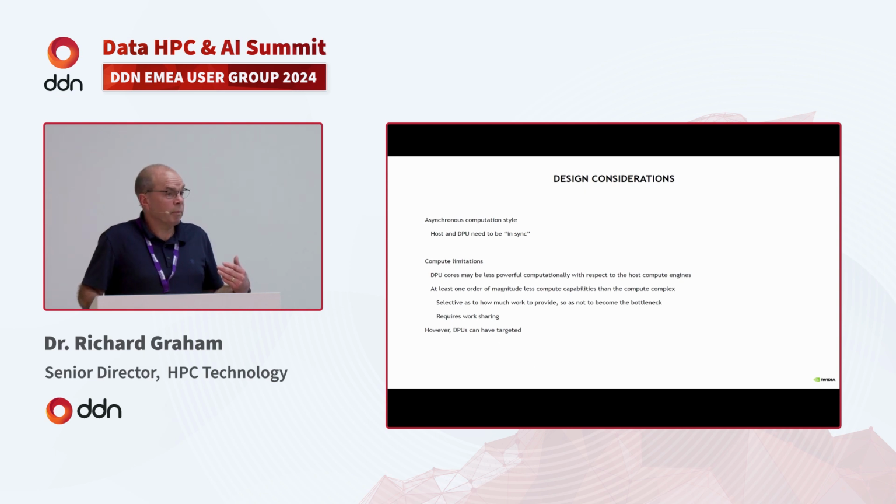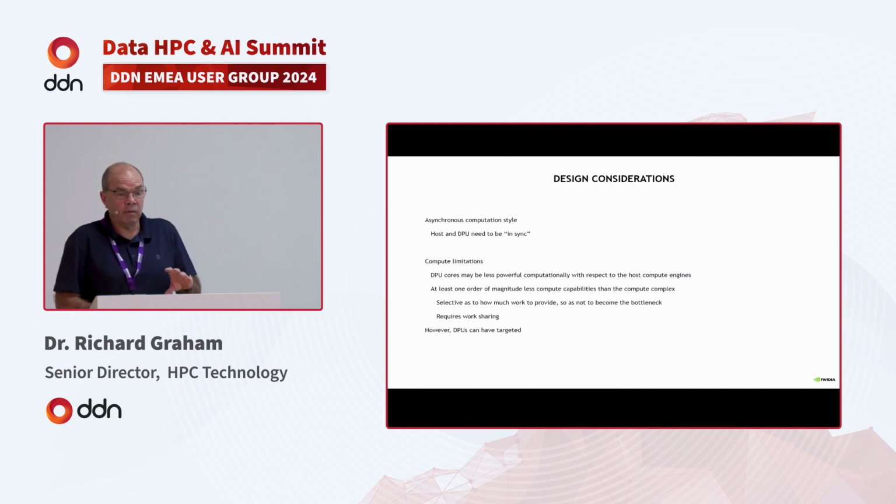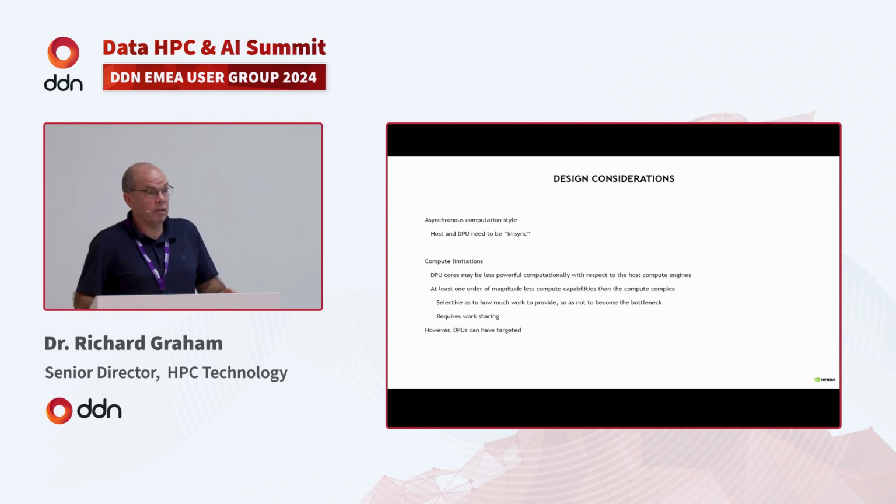And so whenever you think of how you're going to use this device in the context of your workload, it's very important not to give it too much work. If you give it too much work, it will become the slow portion in your overall job run, and actually potentially slow your job down. So that's an important thing to take into account.